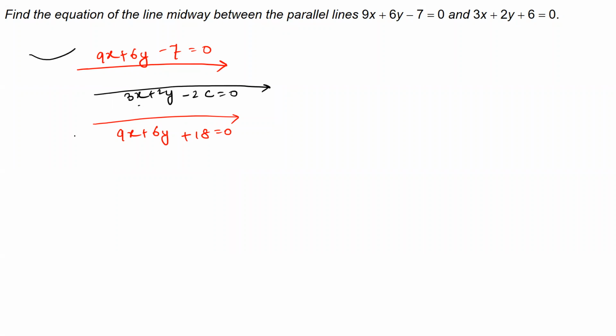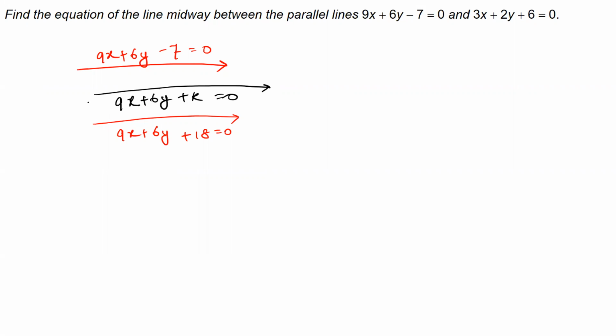We were given these two lines and we had to find the third line that is midway between these two lines. So we already know that the x and the y coefficient should be the same. So let's take our required line to be 9x plus 6y plus k is equal to 0. It doesn't matter whether it is 2c or what, the value of k or c will adjust automatically depending upon the question.